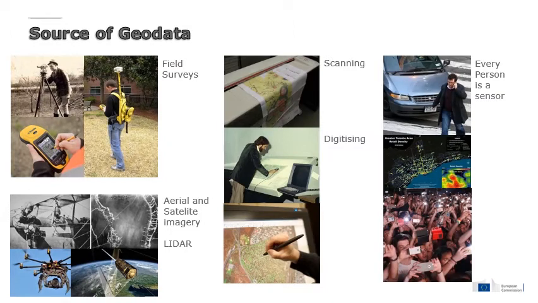And of course, nowadays, the new way of acquiring geodata is by the sensors we use every day, like GPS in our phone, GPS in our car, combination of telemetry data and so on. And this data can be used in AI applications, especially because we can gather large amounts of data in real time.